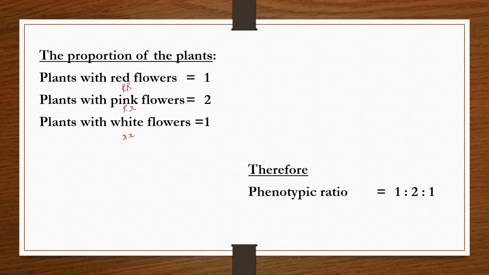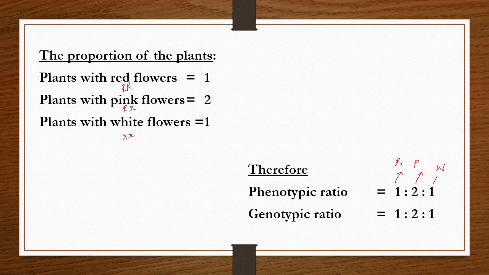That means one plant with red color flowers, two plants with pink color flowers, and one plant with white color flowers.